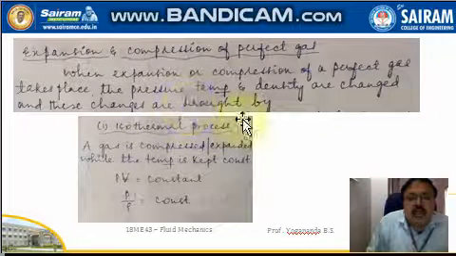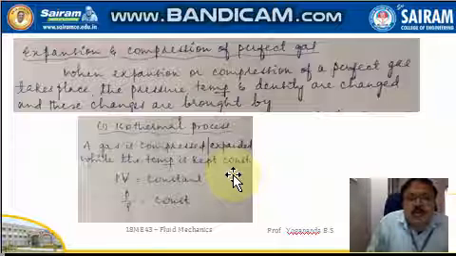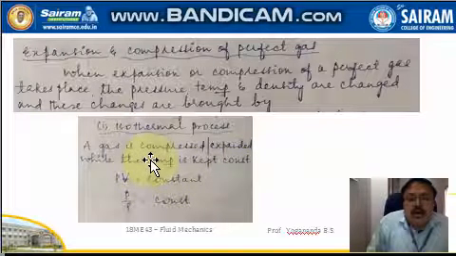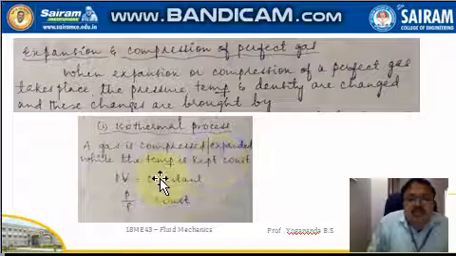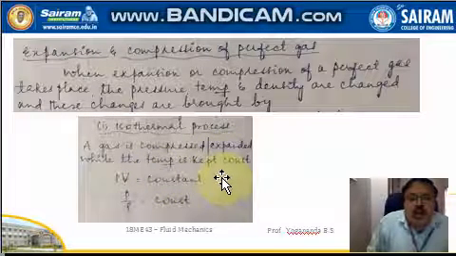When expansion or compression of a perfect gas takes place, the pressure, temperature and density are going to change, and these changes are brought by two processes: the isothermal process and the adiabatic process.